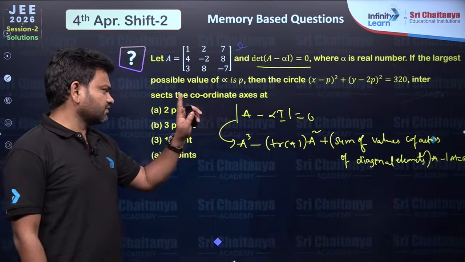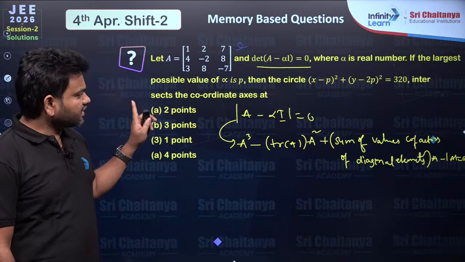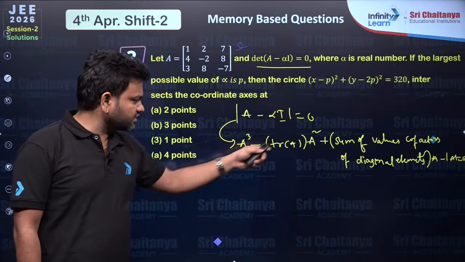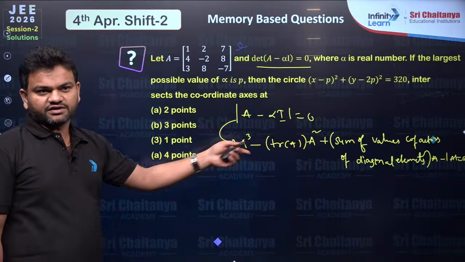If it is a 2 by 2 matrix, we had a question in the afternoon session where I gave you the equation. Now it is a cubic equation where this will be the equation after that, right?